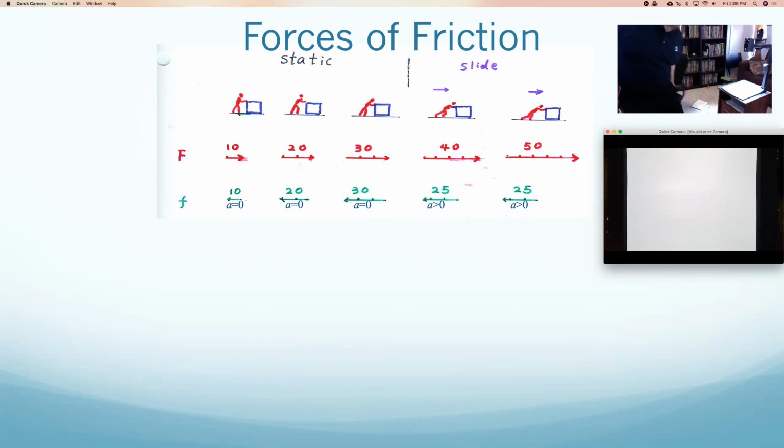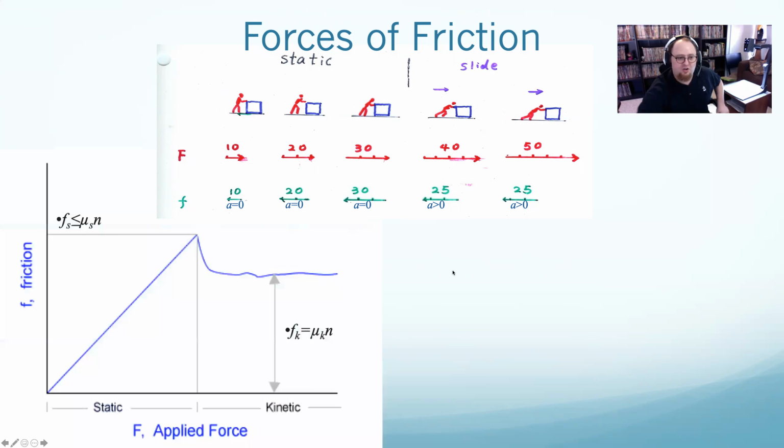If you were to graph the force of friction versus the applied force, say I steadily push harder and harder and harder, what is the force of friction? It would look like this. The force of friction would just go up until it hit that max value.